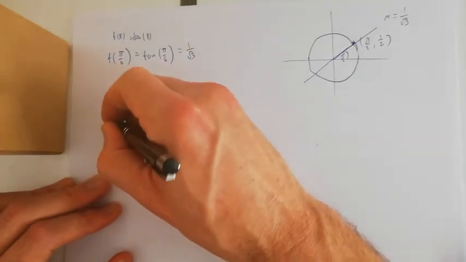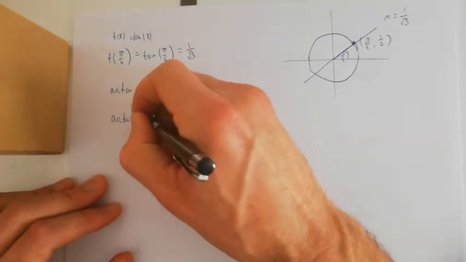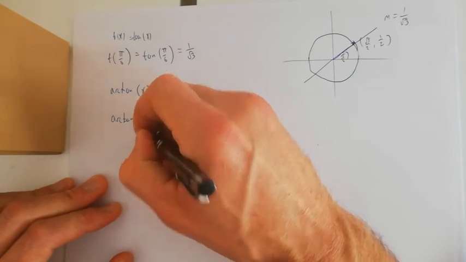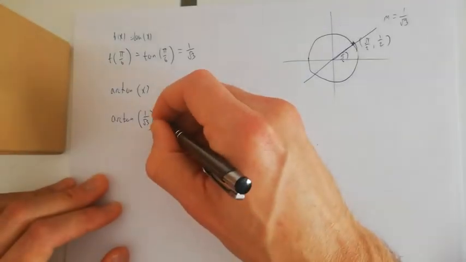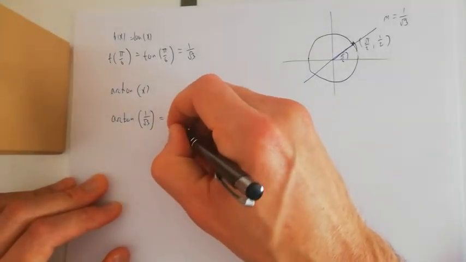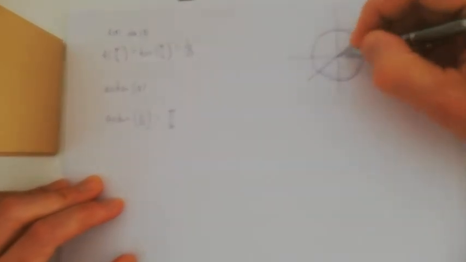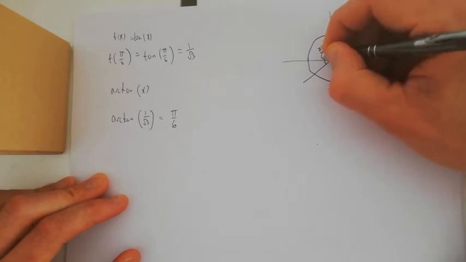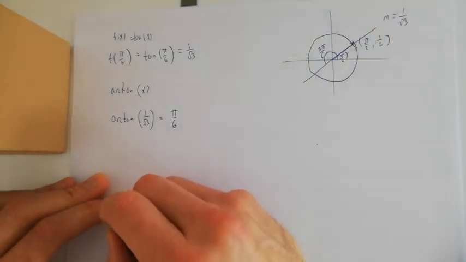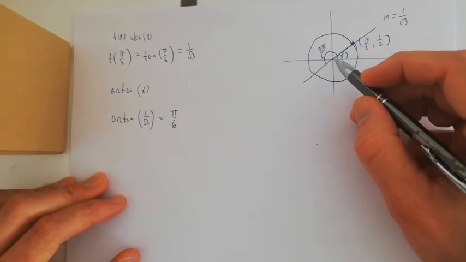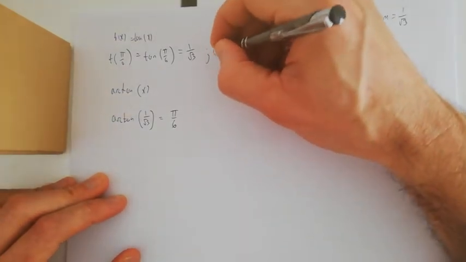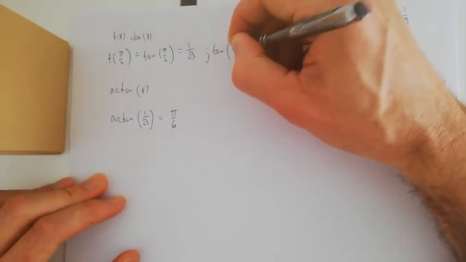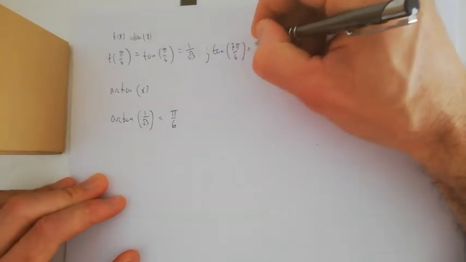So for example, if I ask you how much is arctan of 1/√3, of course the answer is pi/6, although again there is another angle, for example this angle here, that is 7 pi/6, that corresponds to the same slope, meaning tan of 7 pi/6 is also 1/√3.